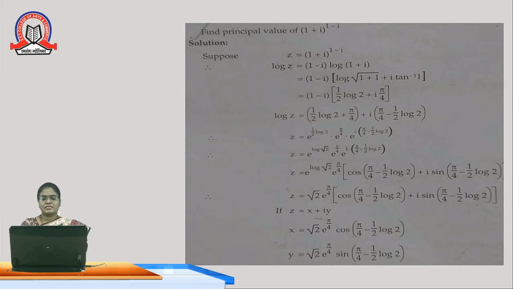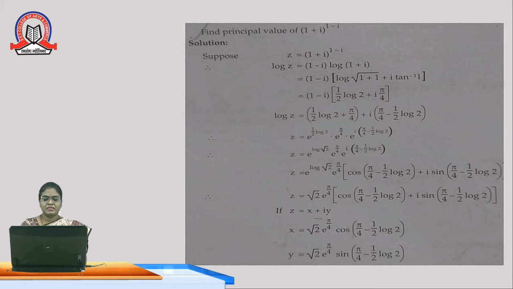After that, expanding the exponential form to the polar form and multiplying with the real term e power log root 2 and e power pi by 4, the final answer is z equal to root 2 e power pi by 4 cos of pi by 4 minus 1 by 2 log 2 plus i sin of pi by 4 minus 1 by 2 log 2.